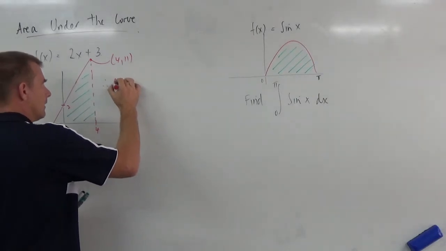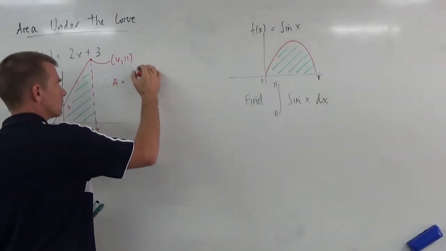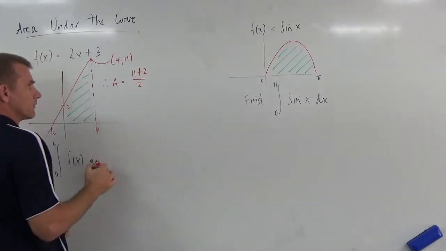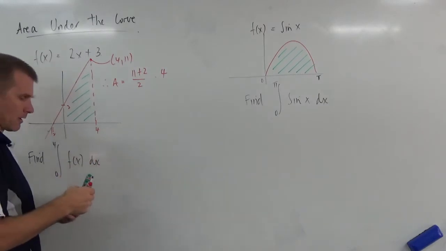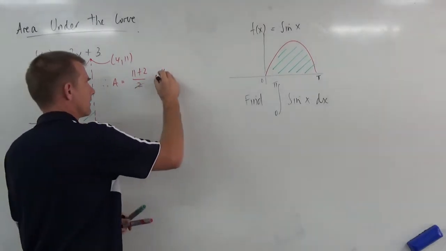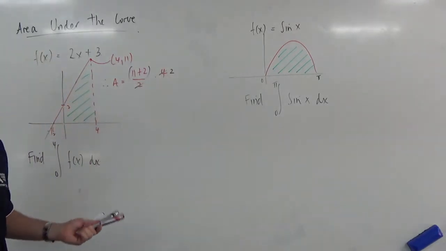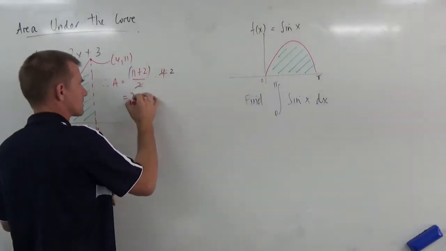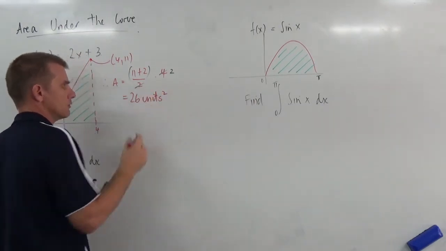Therefore, the area is going to be equal to (11 plus 2) over 2 times by 4, the width here. Now that's kind of neat because we get a bit of this going on. 11 plus 2 is 13 times 2 is 26. So I'm looking for an answer of 26 units squared.